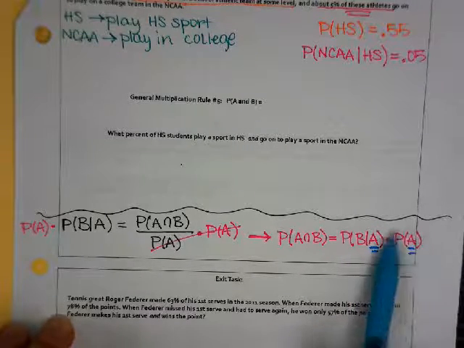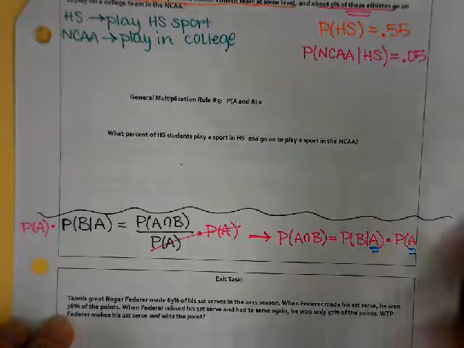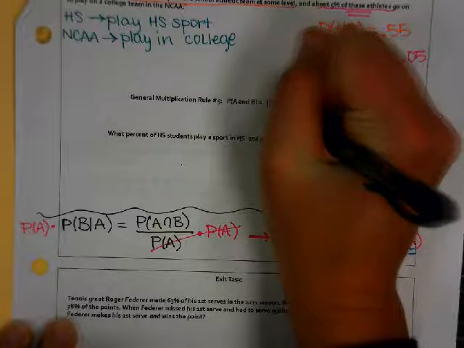So probability of A and B is found by the probability of B given A times the probability of A.